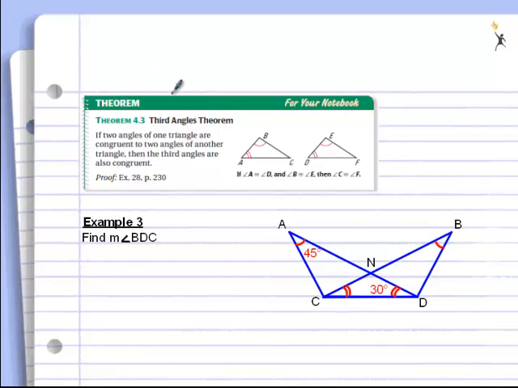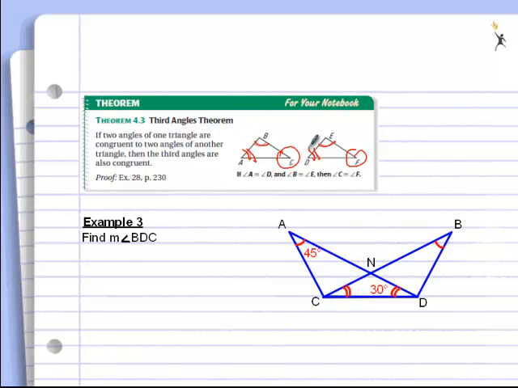Let's look at the third angle congruency theorem, which says that if two angles of one triangle are congruent to two angles of another triangle, then the third angles have to be congruent. If A is congruent to D and B is congruent to E, then C has to be congruent to F. You might say, why does it have to be?